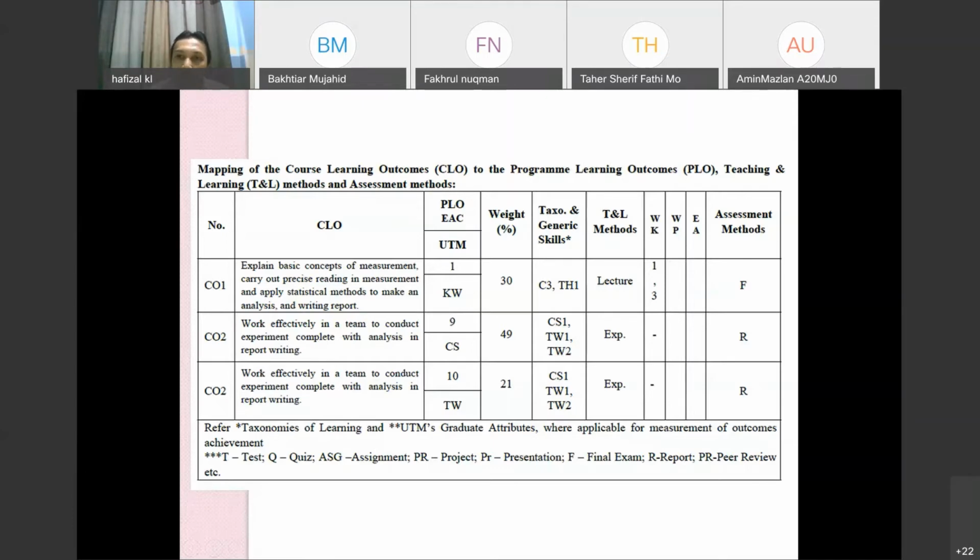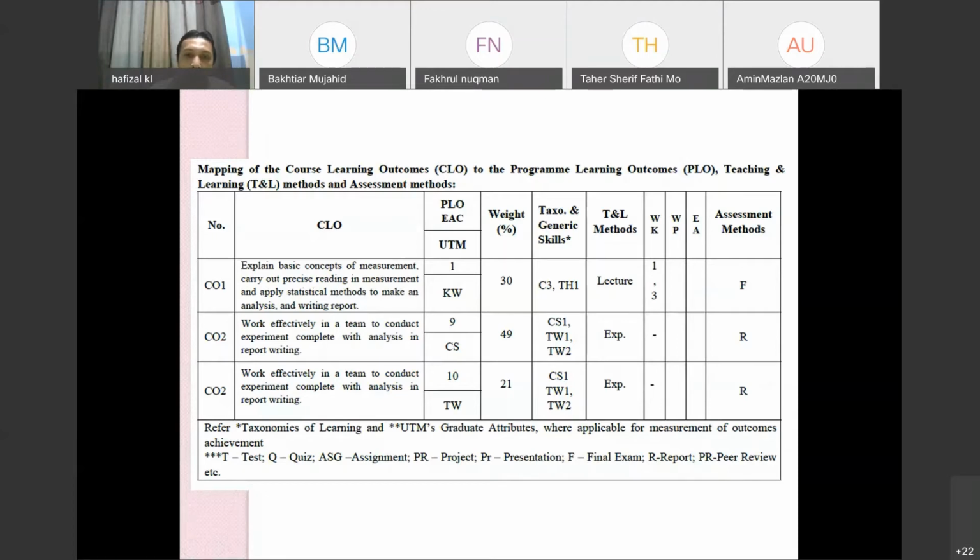Yeah, there are two activities. The student will be able to work in team. So you are given a lab, and then you will be in a team. Three of you will discuss together related to your lab activities, and then the second one is you will produce a report based on your activities in group.